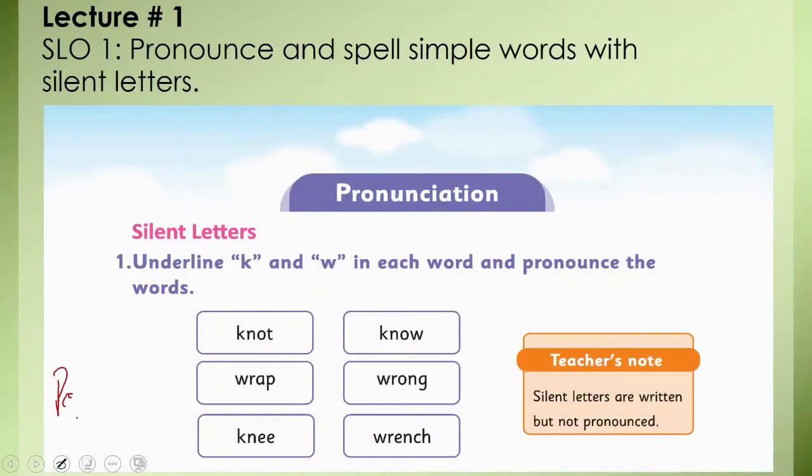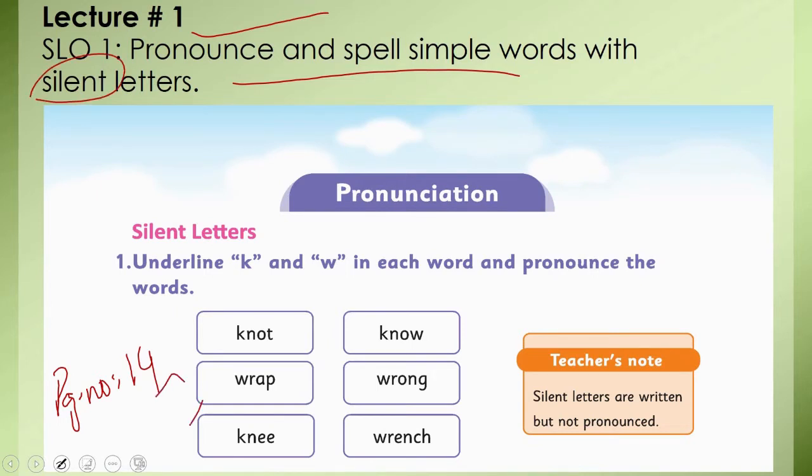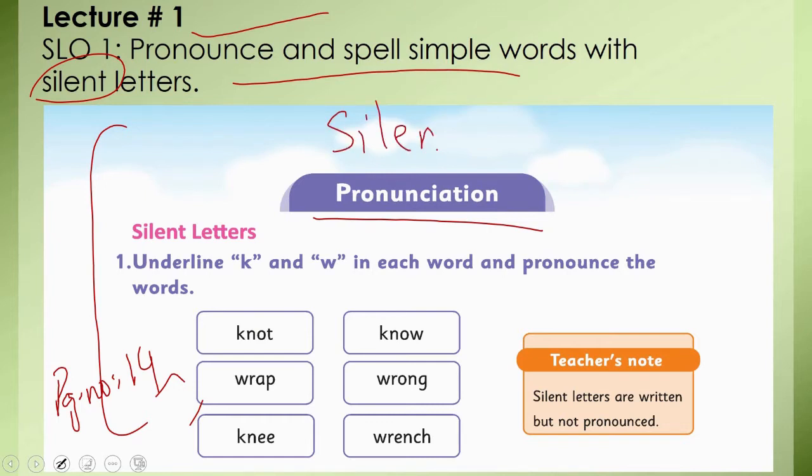This is page number 14, and as per the SLO, where you have to pronounce and spell simple words with silent letters, this part of the page we are going to do now. Pronunciation. Silent. What is the meaning of the word silent? Khamosh. There are some alphabets in English language.